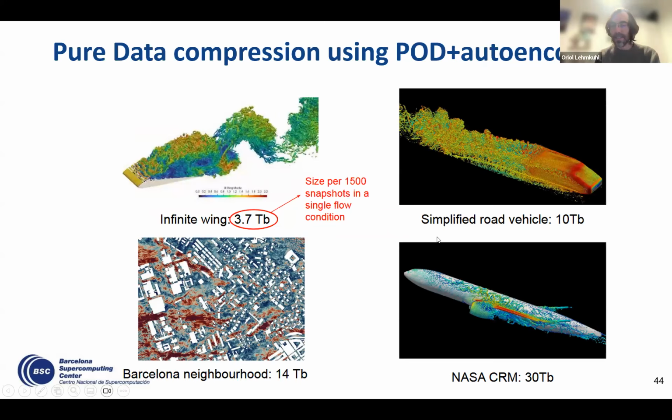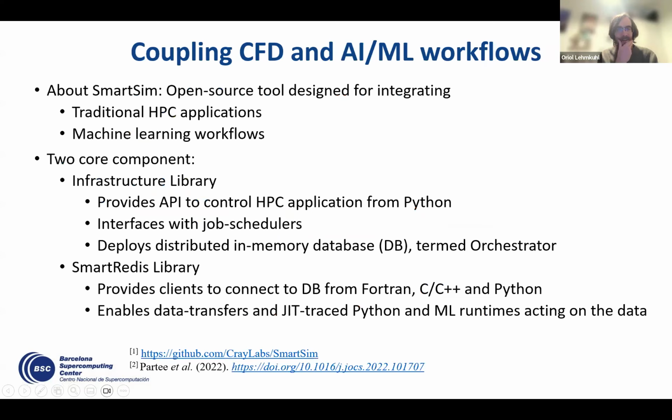Okay, this is just the size of the database per snapshot, and all the snapshots, so that you understand a little bit the problem. To do that, we use as well SmartRedis and SmartSim. It's very similar to the approach of machine learning.